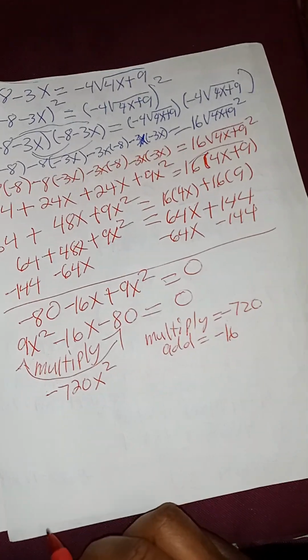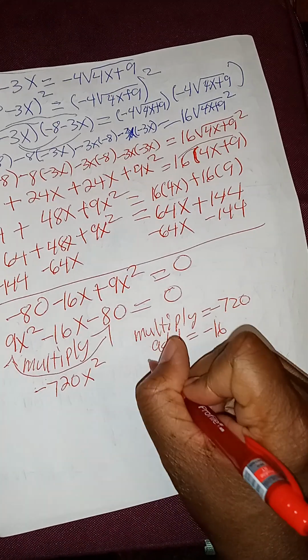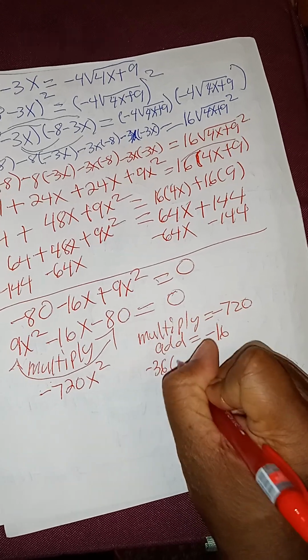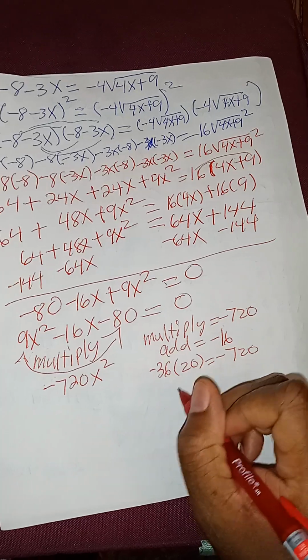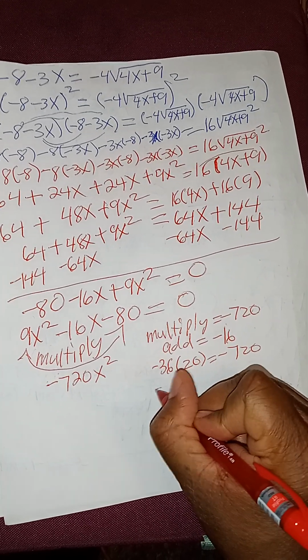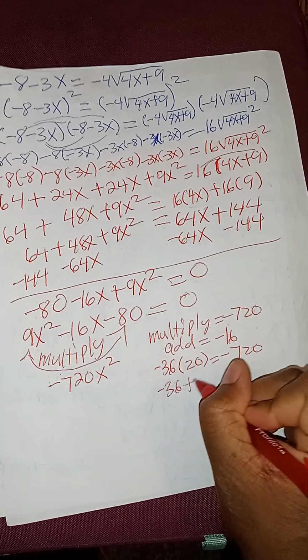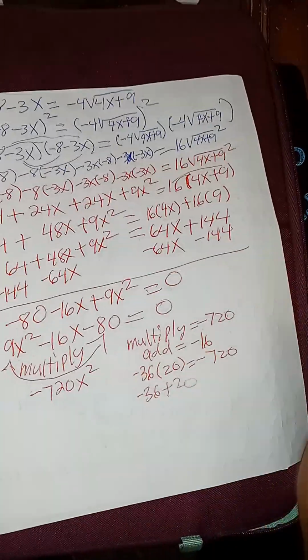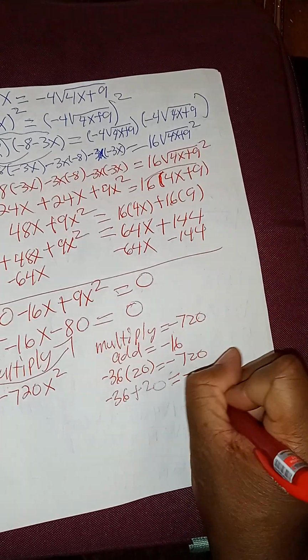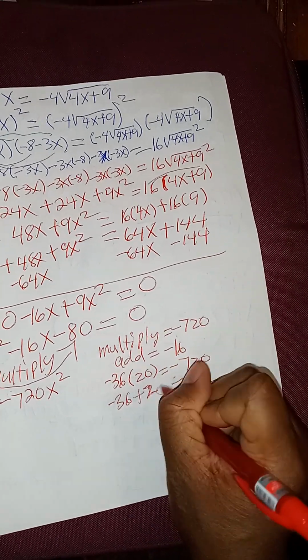So negative 36 times 20 is negative 720, and negative 36 plus 20 is equal to negative 16. So we have it there.